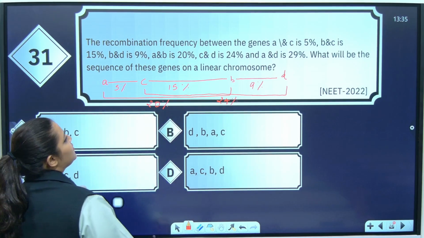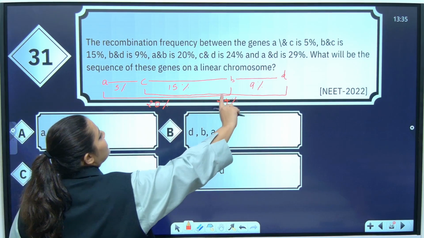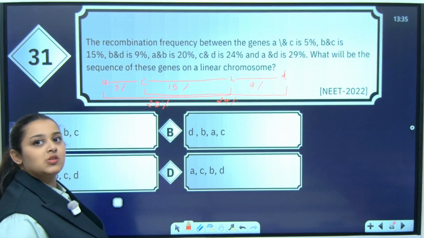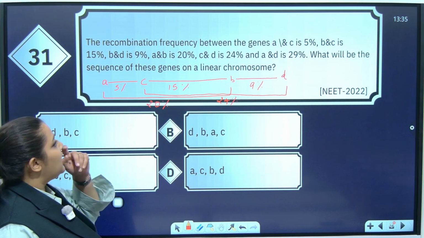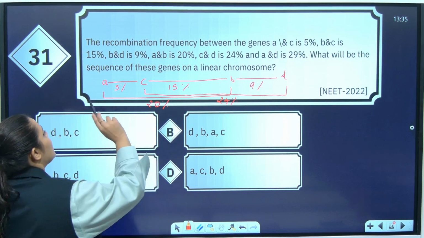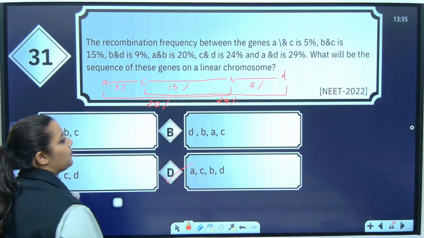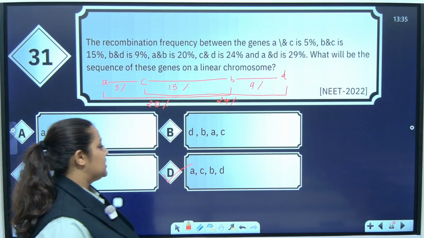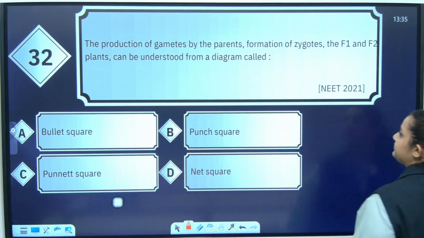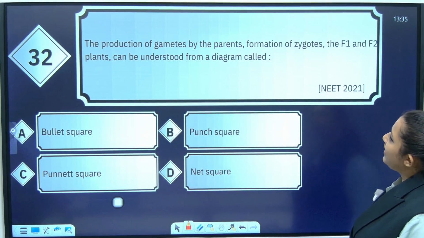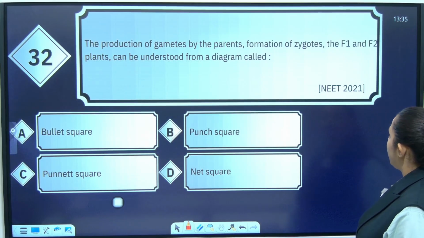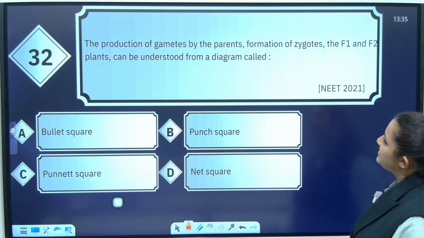And A and D is 29%. 20 plus 9, that is 29. So the combination will go like this: A, C, B, D. Option D.